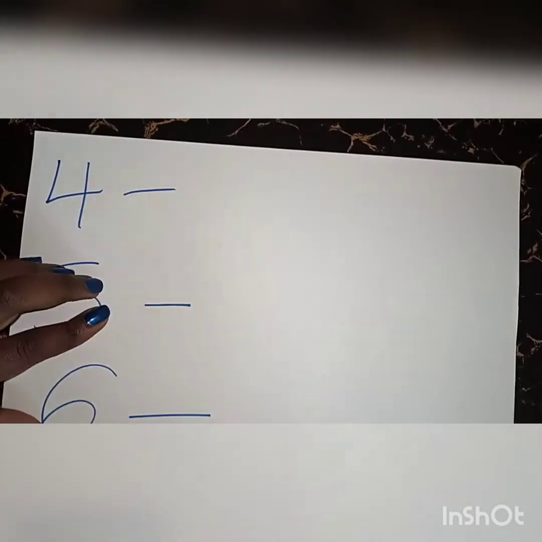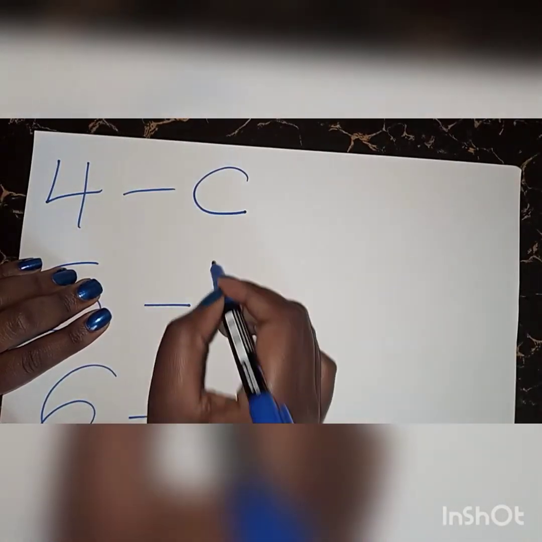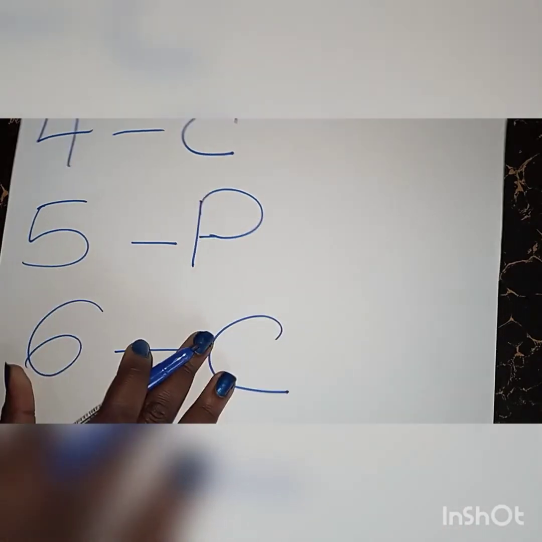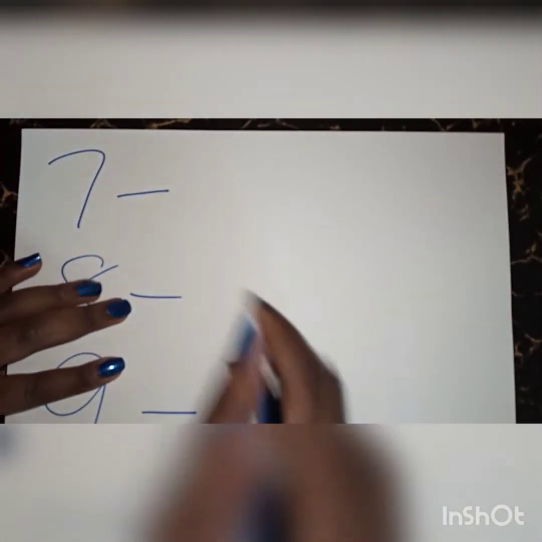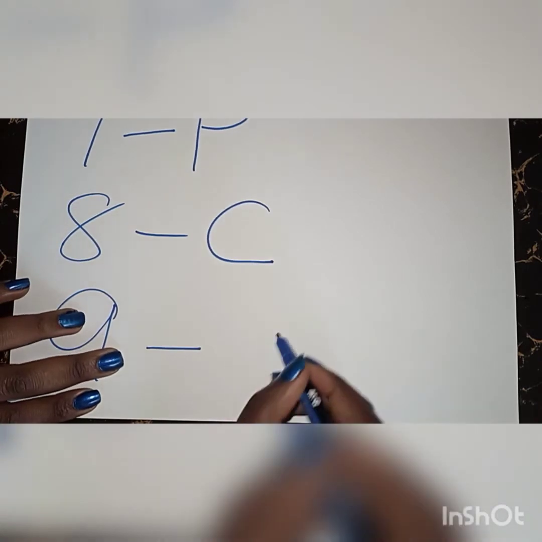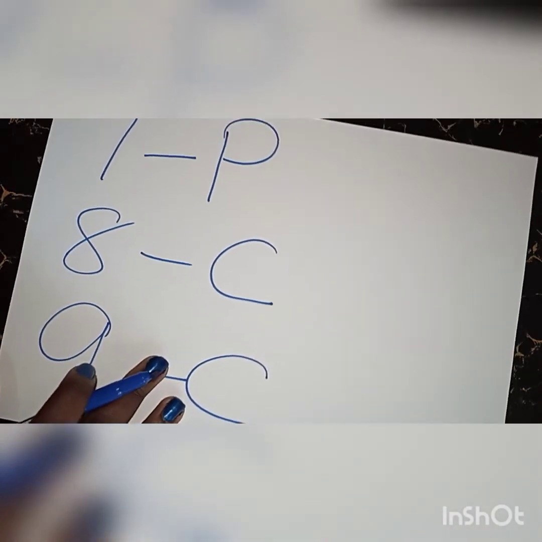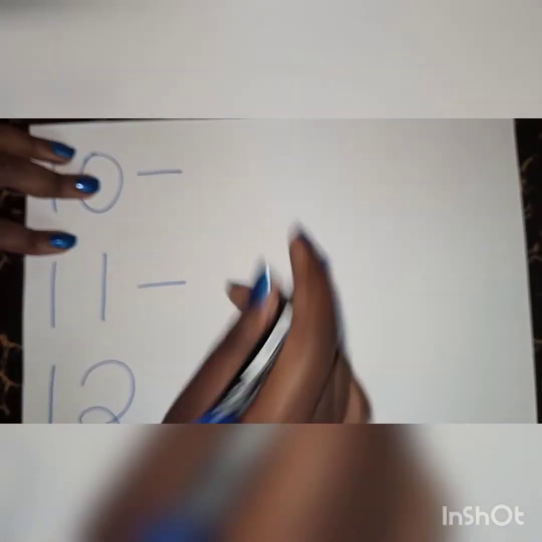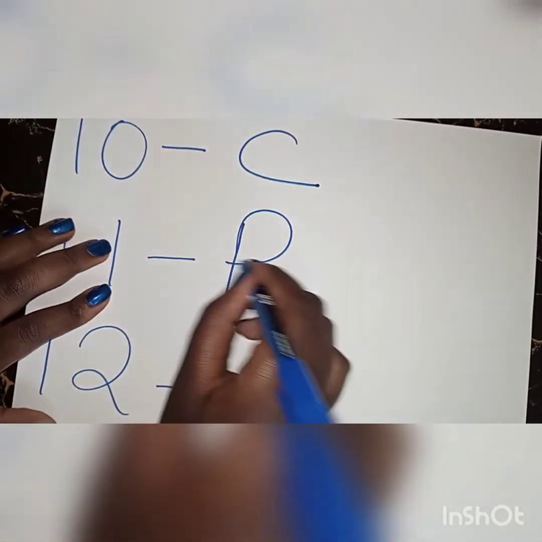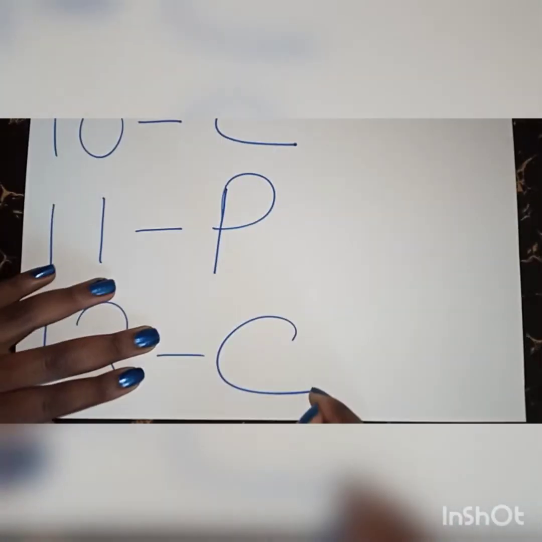4 is a composite number. 5 is a prime number. 6 is a composite number. 7 is a prime number. 8 is a composite number. 9 is a composite number. 10 is a composite number. 11 is a prime number. 12 is a composite number.